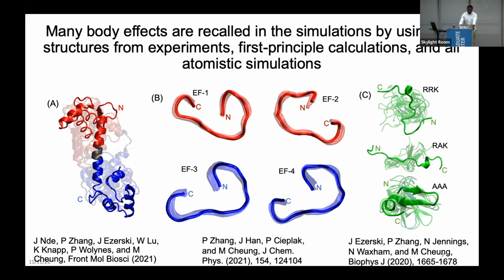In this work, for calmodulin, we use the known structures from NMR and X-ray crystallography. For the calcium binding loops, we use the known structures from first principles. And for the binding peptide, we use the known structures from all-atom simulations, where I'm showing here the 10 most populated structures used in our memory file.